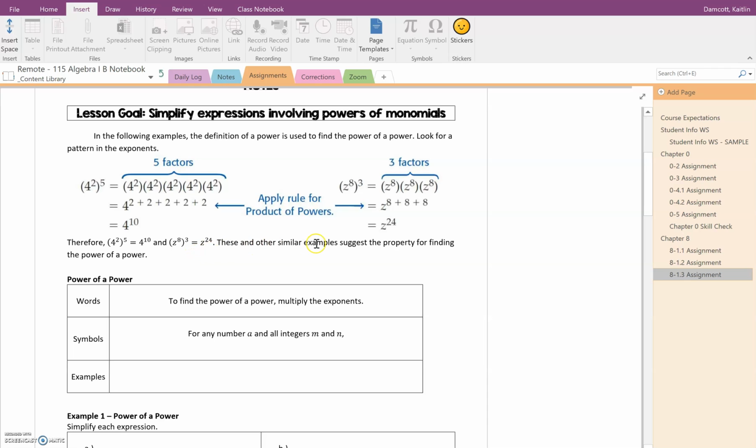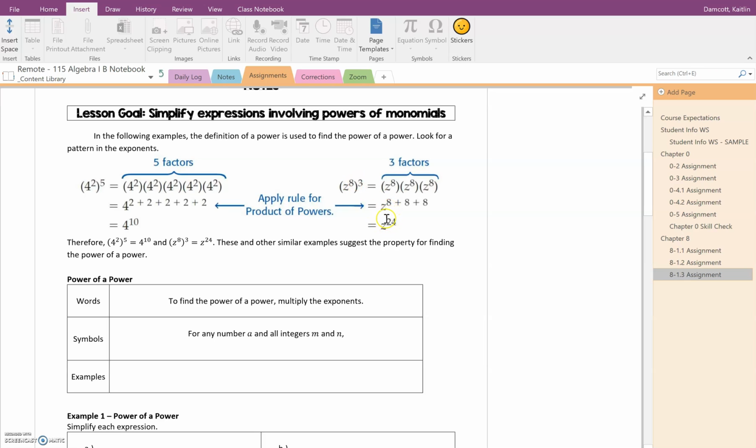These and other similar examples suggest the property for finding the power of a power. I'm hoping you noticed the relationship between the 2 and the 5 and the 10: 2 times 5 equals 10. We took our exponents and multiplied them together to find that simplified number. And here again, 8 times 3 is 24.